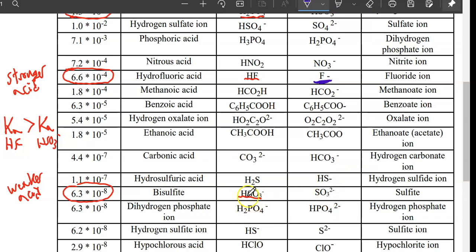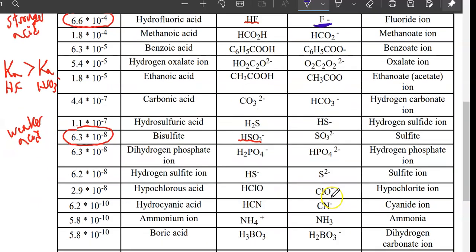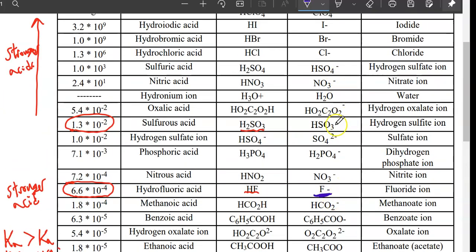But this is it acting as an acid here, the Ka value for HSO3 minus. We want to know what HSO3 minus is as a base. So we need to see it on this side. Yeah, here it is. It is the conjugate base of H2SO3.